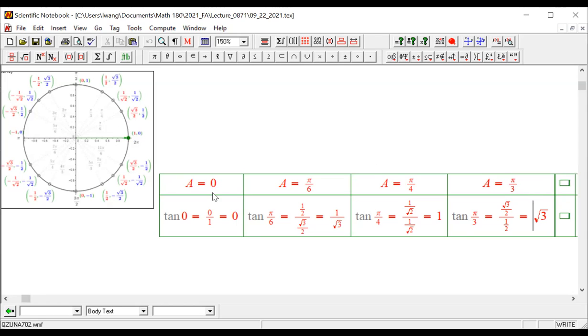So the angle can be everything from 0 all the way up here and getting closer.